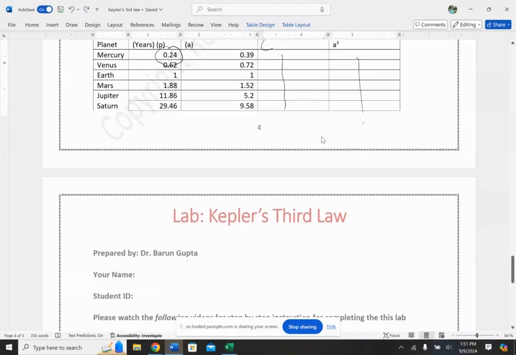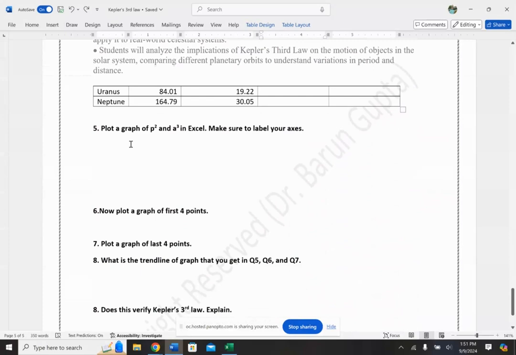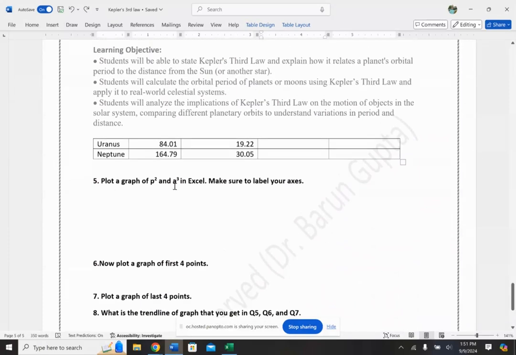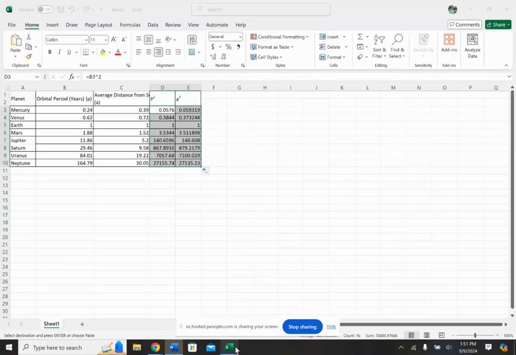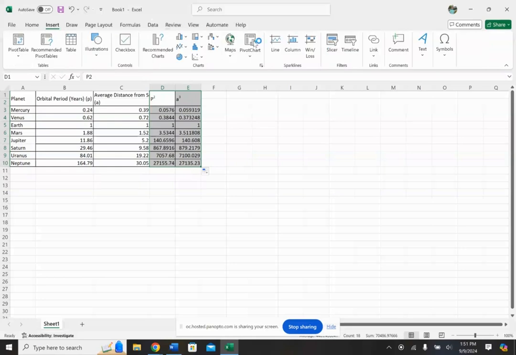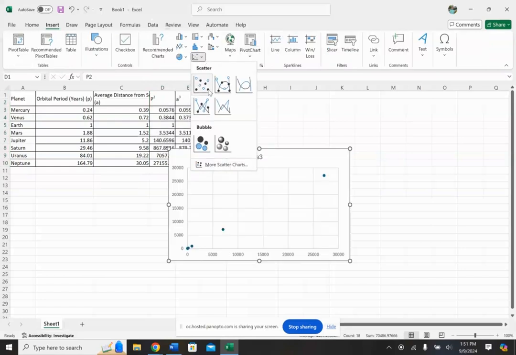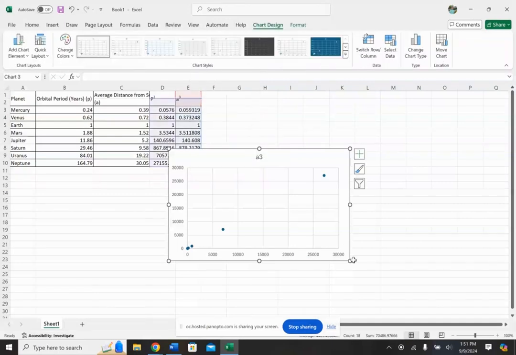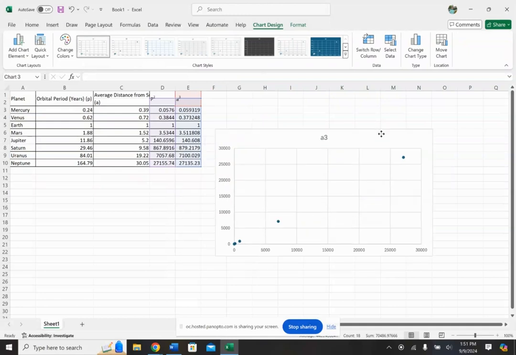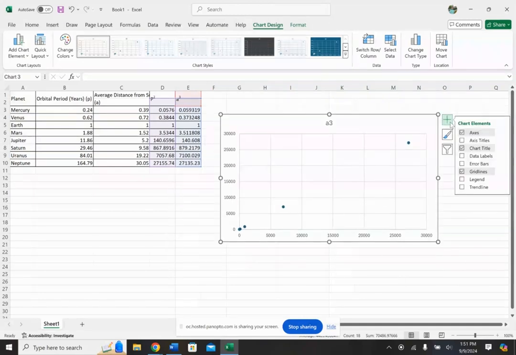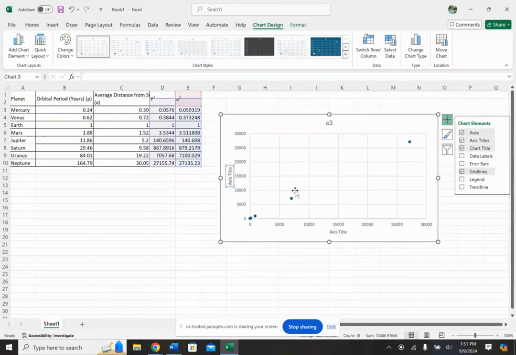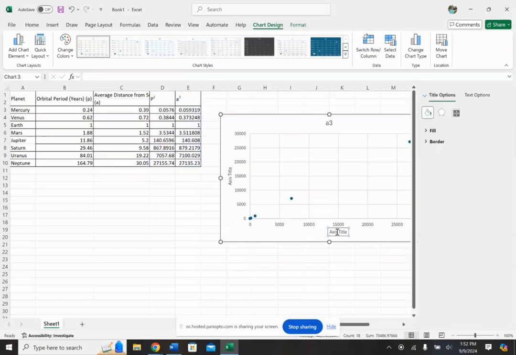All right, so once you have these numbers, then you have to plot a graph of P squared and A cubed in Excel, and let me show you how to do it. So this is P squared and A cubed, and we have to plot a graph. So I selected these two columns, go to Insert, and go to the scatter diagram and come over here. Okay, and that's the P squared, A cubed, and then go to here, axis titles, and write down the titles here. What is this one?